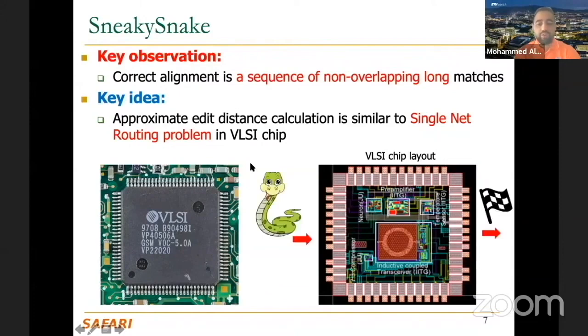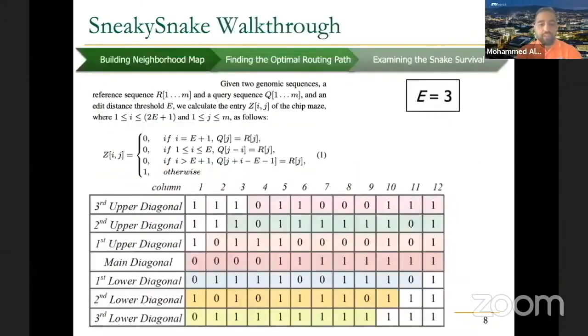Now, how do we solve it in reality? In the SneakySnake paper, we show the exact equation to build what we call the chip maze. In this chip maze, we calculate a binary matrix, or a binary table, using this equation. You can see the equation is very simple.